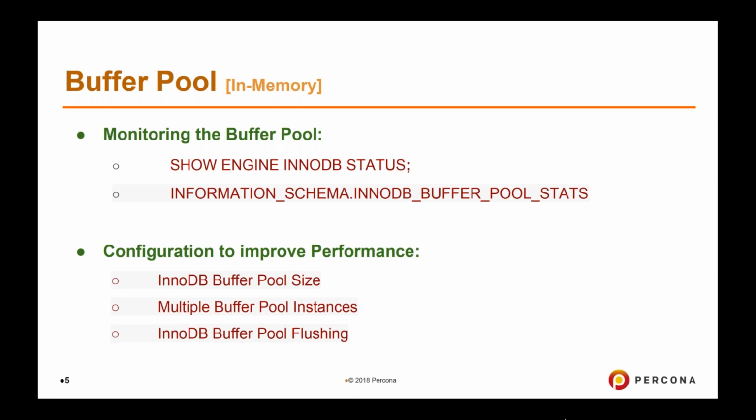Next is InnoDB buffer pool flushing. InnoDB flushes pages when your dirty page count reaches a particular percentage. There is a variable called InnoDB max dirty pages percent, and if it reaches the threshold, it will start flushing.